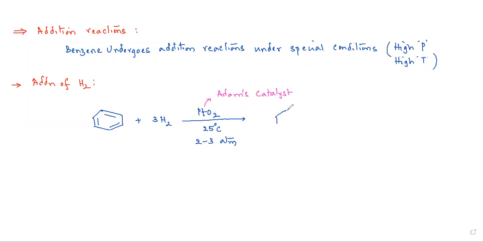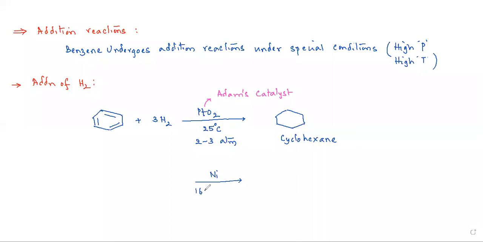Addition of hydrogen across the multiple bonds gives us cyclohexane, right? Now, this same reaction can be carried out in the presence of nickel catalyst also.